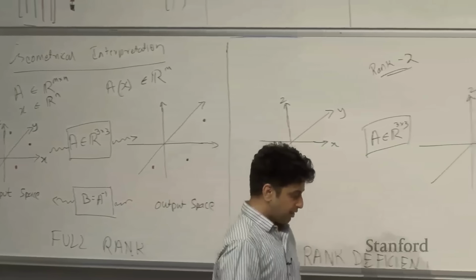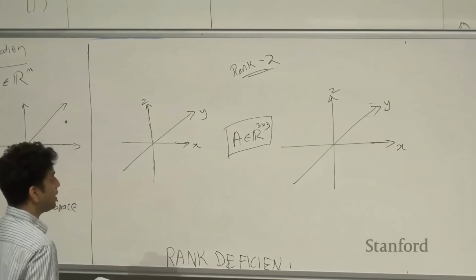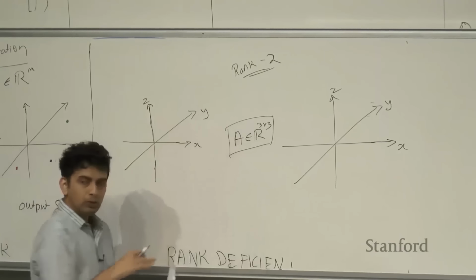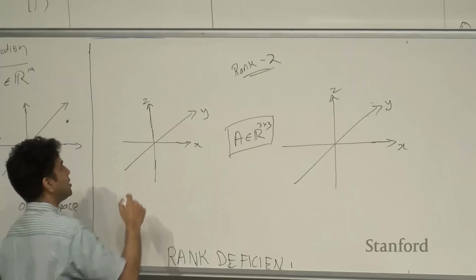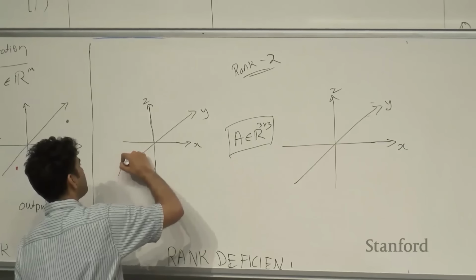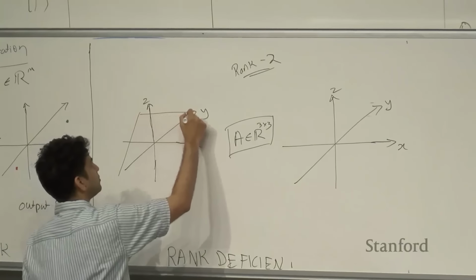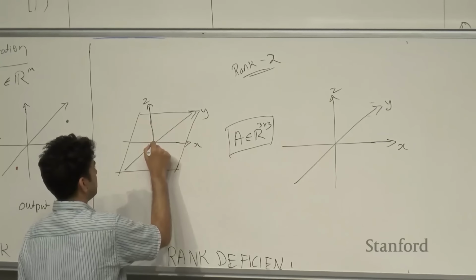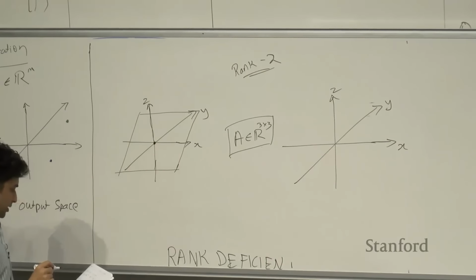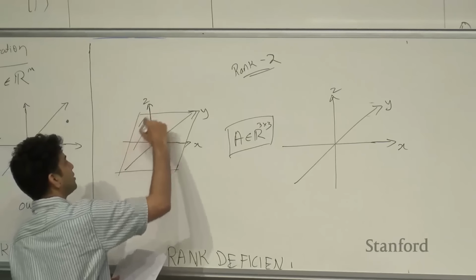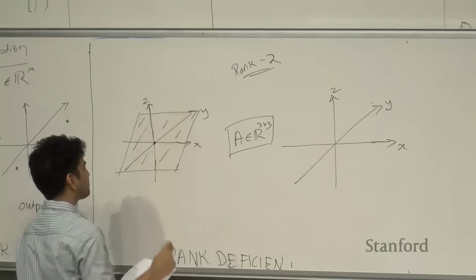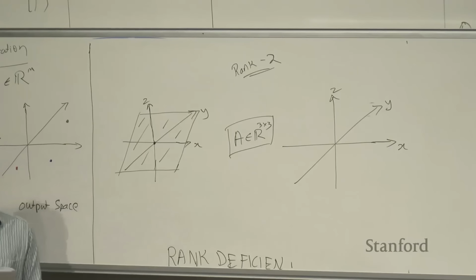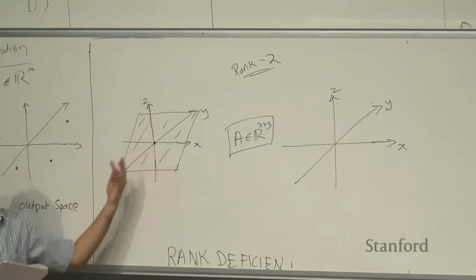Now, if it is rank deficient, what this means is, if the rank is 2, it means there exists a 2-dimensional subspace in the input space. Right? So there exists a 2-dimensional subspace. What does a subspace mean? So assume this is the ambient space, which is 3-dimensional.